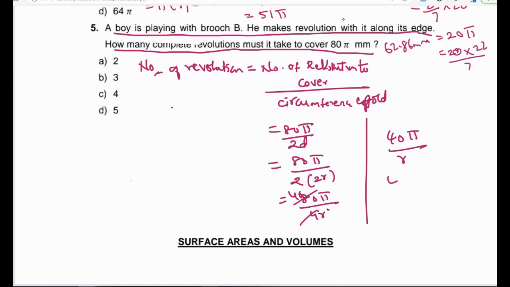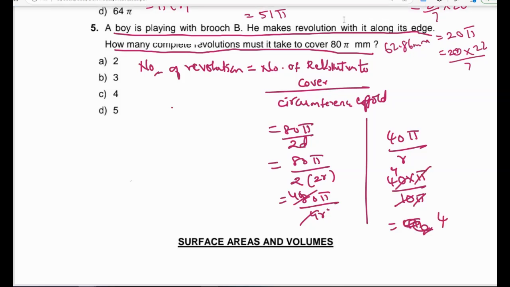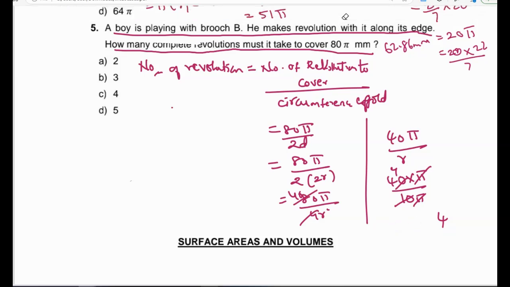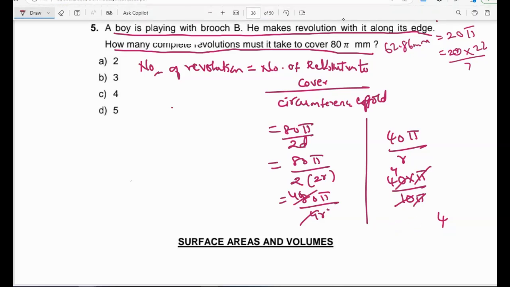So 40 into pi divided by 10. Pi and pi will get cancelled. So the answer will be only 4. It takes 4 complete revolutions.